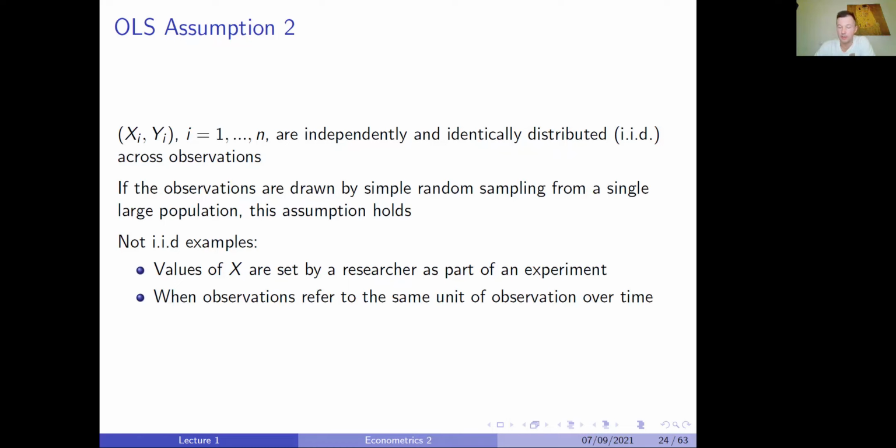So when observations refer to the same unit of observation over time, what does this mean? Think about the stock price. If you have today stock price, let's say $100, would you expect tomorrow this stock price to be 0 or 1 million? Probably no. Probably if you know the stock price today, which is 100, so tomorrow you will expect at least 100.